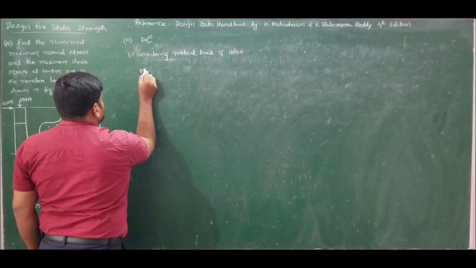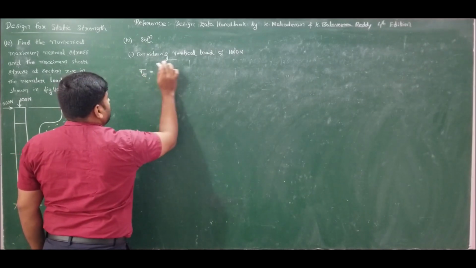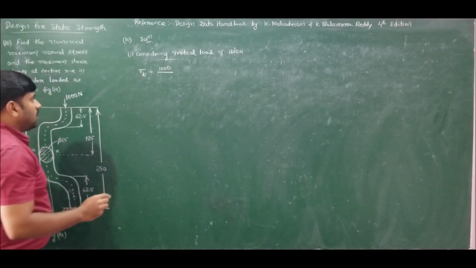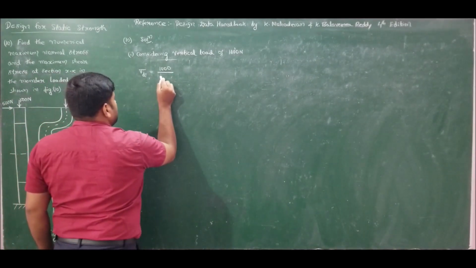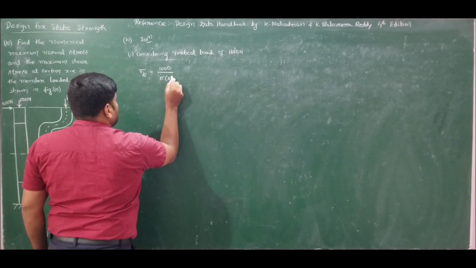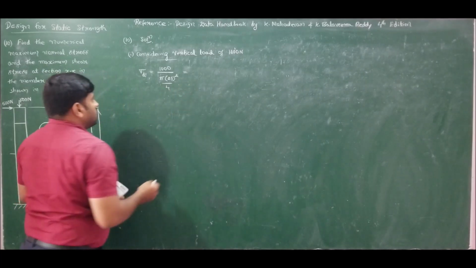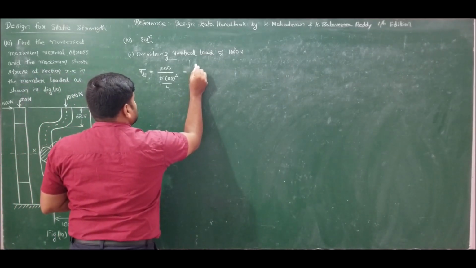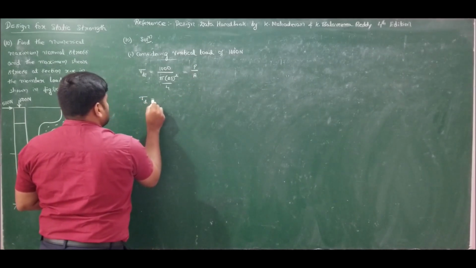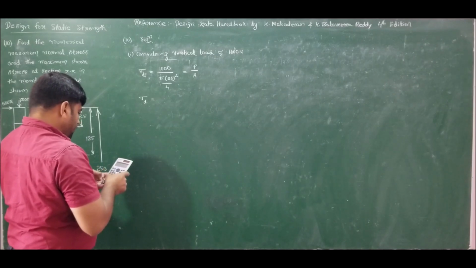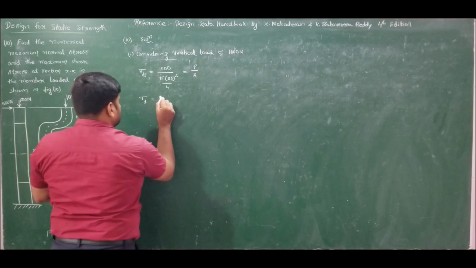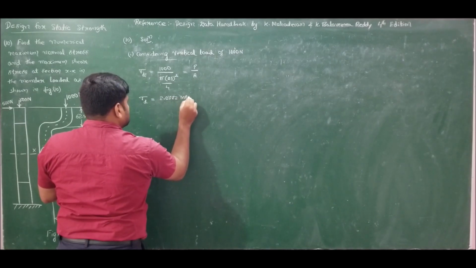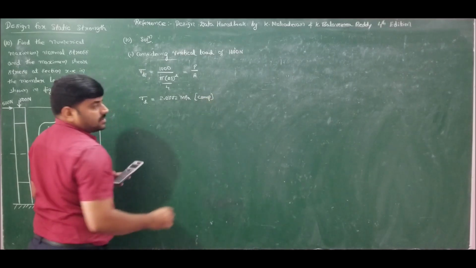So the direct stress from the vertical load will be load by area. The load is 1000 Newton, or 1 kilonewton, and the area of the circular cross section is pi d square by 4, which yields 1000 into 4 divided by pi times 25 square, which is equal to 2.0372 megapascals, compressive.